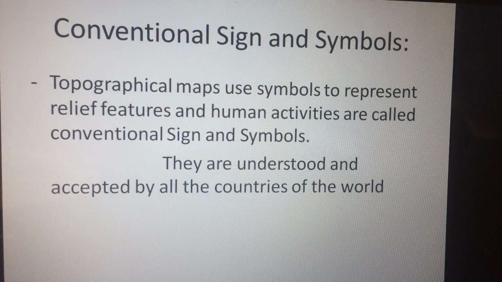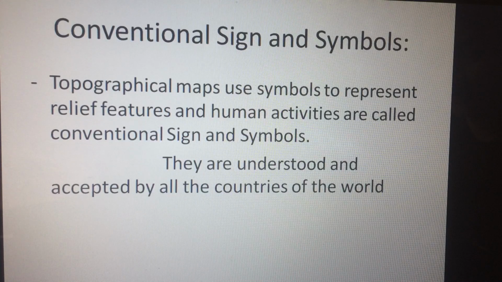The next important element is the conventional signs and symbols. The maps that we use are very small in size, and to show a lot of information of a large area on a map, we use colors, symbols, signs and letters.